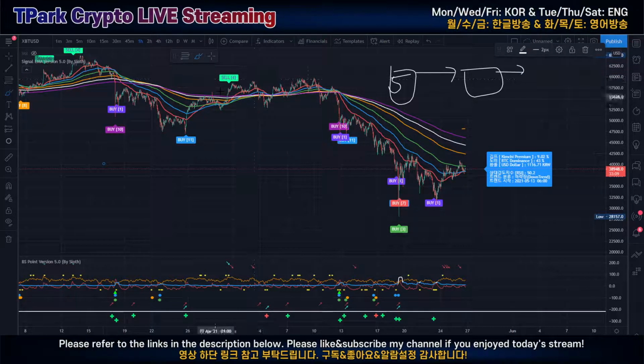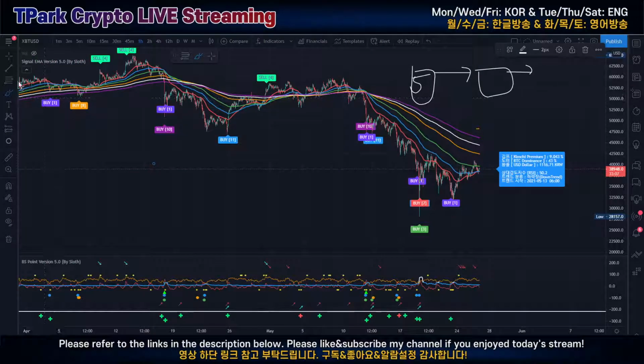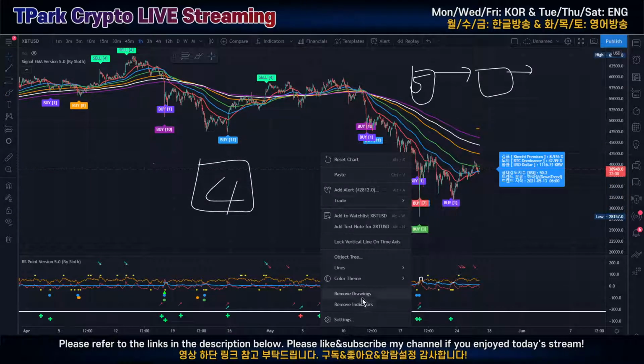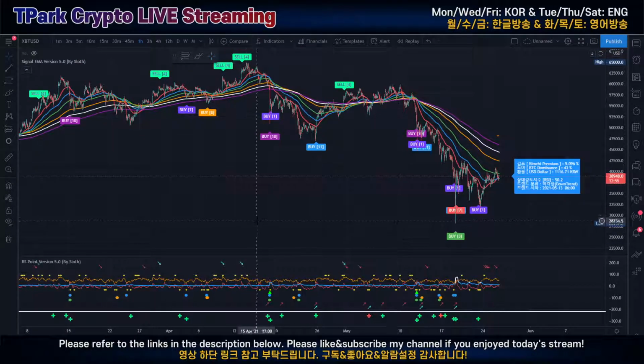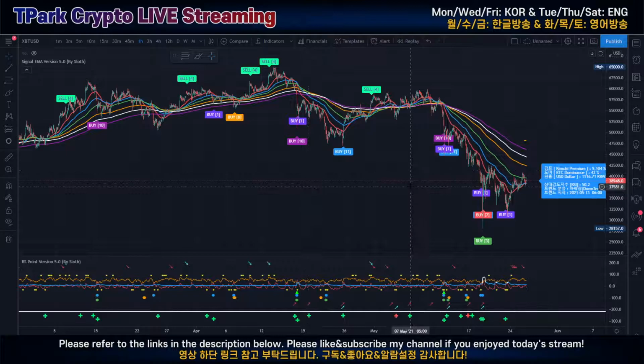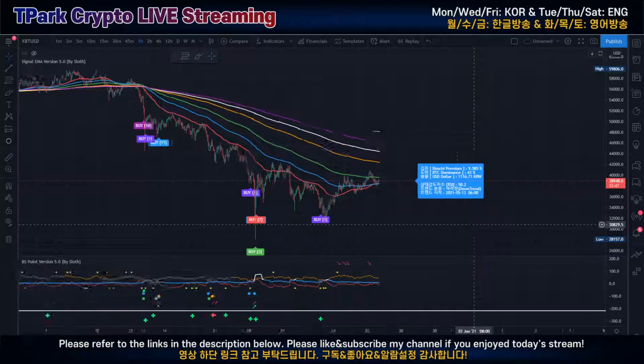And you will see a new version. It has been less than 2 weeks and we have upgraded already 4 times. So we want to make this indicator the best indicator out there. And I've seen that a lot of people have been making a huge profit from this indicator after a few trades. So yes, I hope it helps you in the long term.